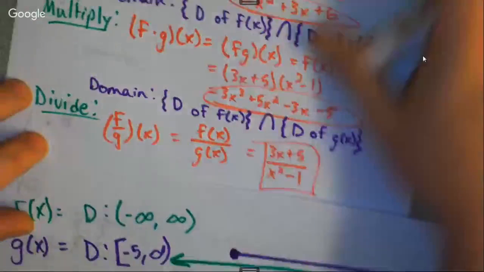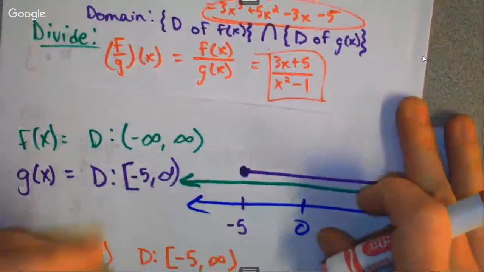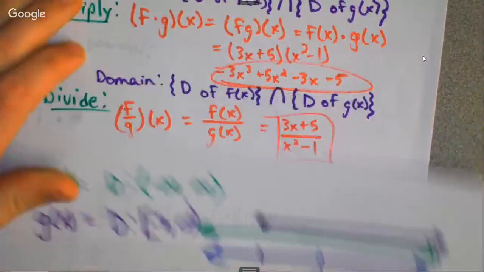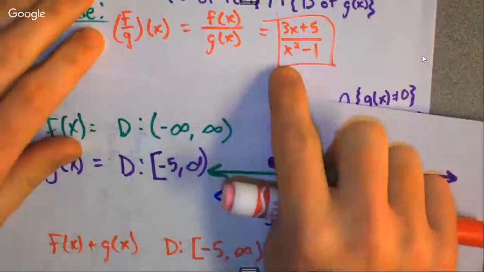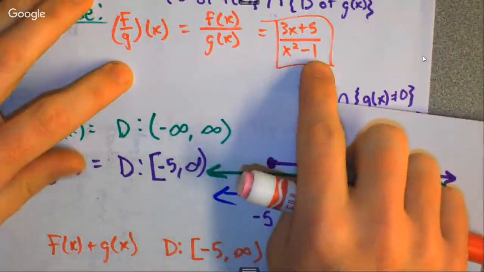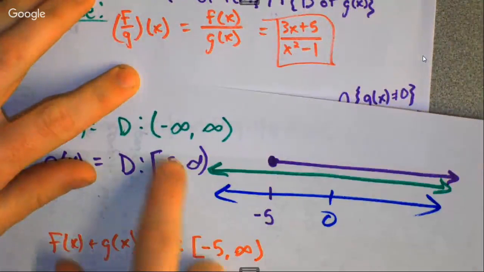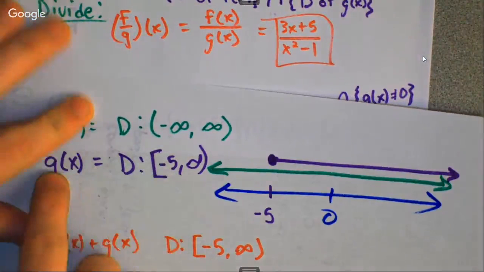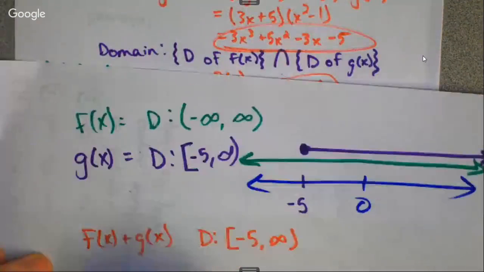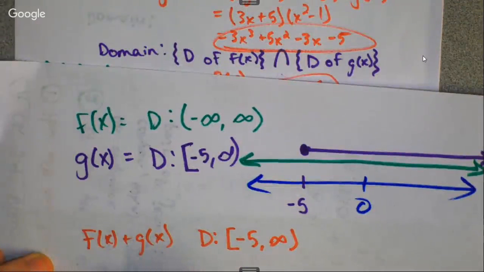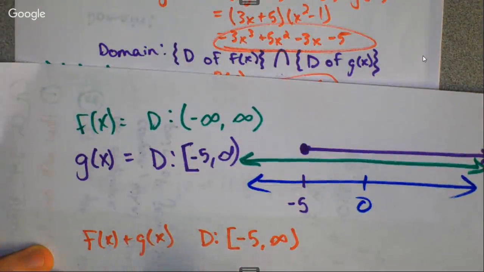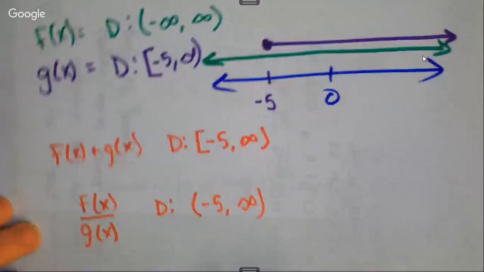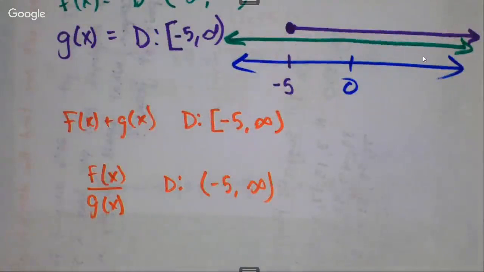Now with dividing, we'd have to get rid of whatever made the denominator 0, which in this case is probably this negative 5. So if I were to do f of x divided by g of x, the domain of that would most likely be just a parenthesis instead of a bracket there.